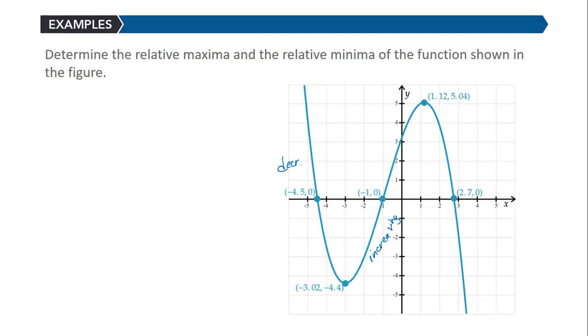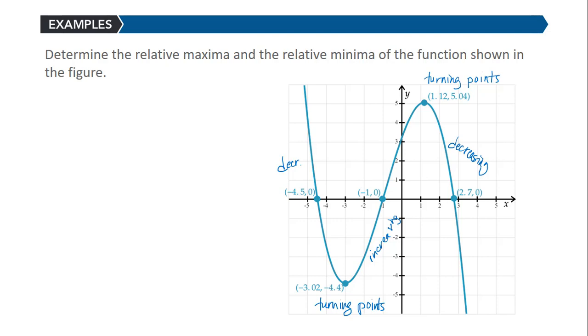And then it goes to this highest point, and then it turns down again to decreasing. According to our definitions, these turning points are where we can find our relative maximum or minimum points. And like I said before, they are the peaks and the valleys of the graph.